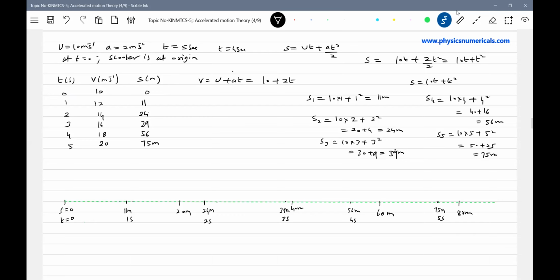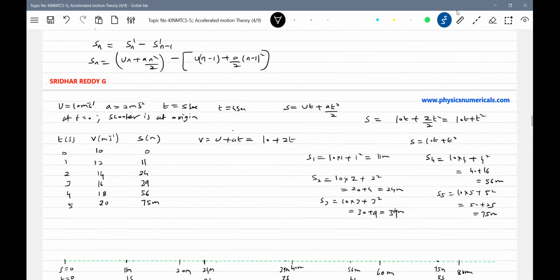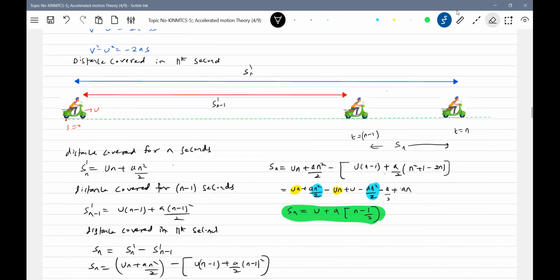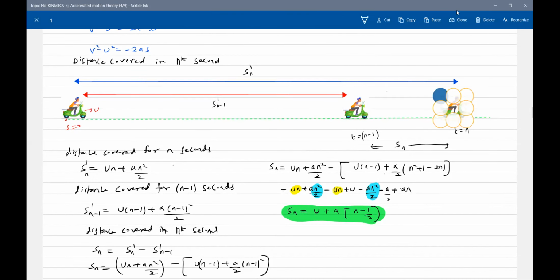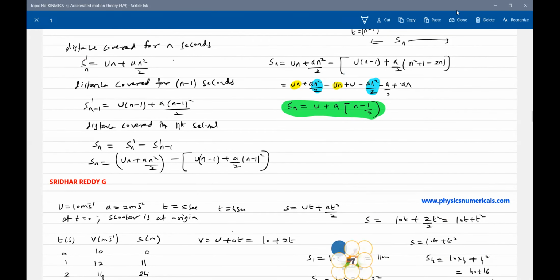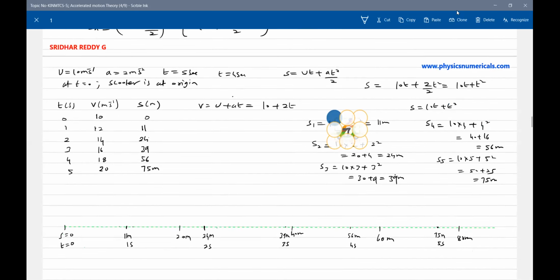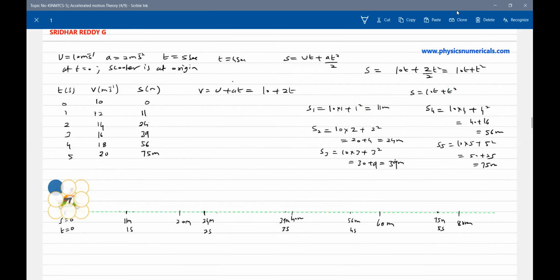Okay, where is our scooter? I would have just taken a particle. Many students find it very difficult. The moment I say particles, we are not understanding.